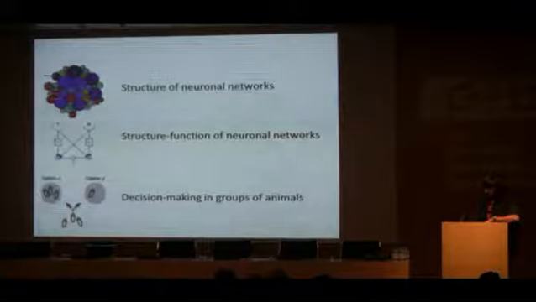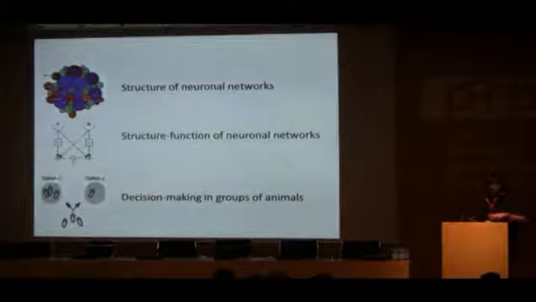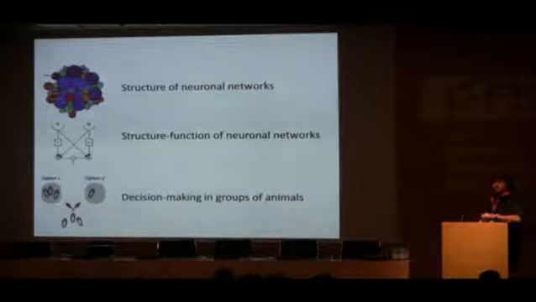What I decided to do for today was to, because I think Mathieu and I are a bit in the neuroscience part, and maybe not all of you know much neuroscience, I decided to tell you three stories. One story is going to be about just structure, to try to understand in some way a structure of the nervous system.